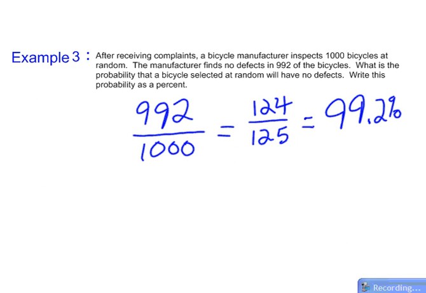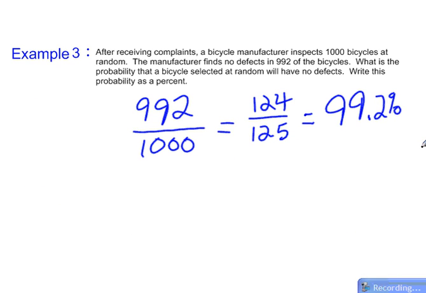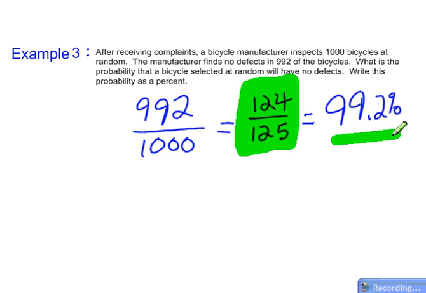So my top number would be 992, and we inspected 1,000 total bikes. 992 over 1,000 reduces to 124 over 125. Quick discussion here about this number. That means out of every 125 bicycles we looked at, 124 of them had no defects. Now that's a pretty good number, 99.2%.